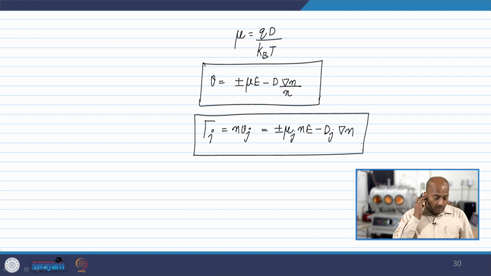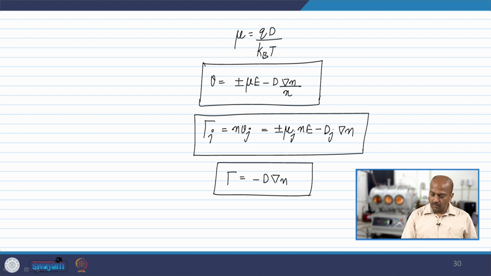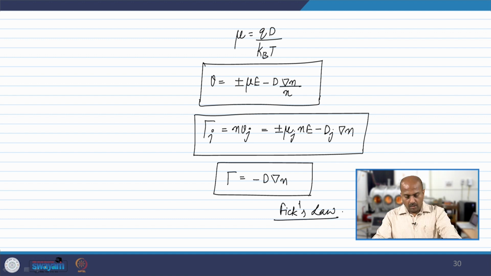Now, when we talk about flux, we need to remember a very famous law, which is Fick's law of diffusion. We can make a special case when the electric field is 0, and we get back Fick's law as Γ = −D∇n. This is Fick's law.